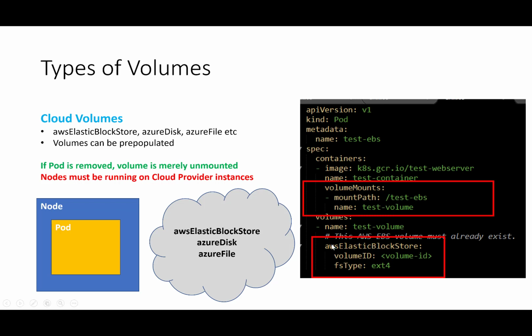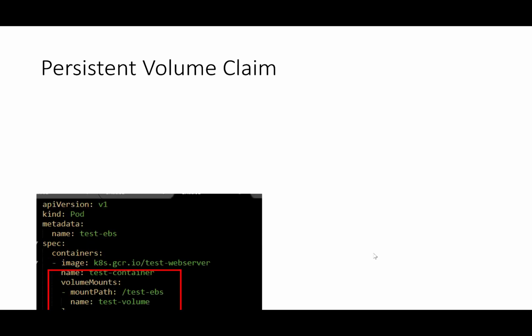You want to abstract this so that the user doesn't have to know all this information. Therein comes the persistent volume claim. In the persistent volume claim, we are trying to abstract this information, the ones that we saw in the previous slide, away from the ordinary developer.